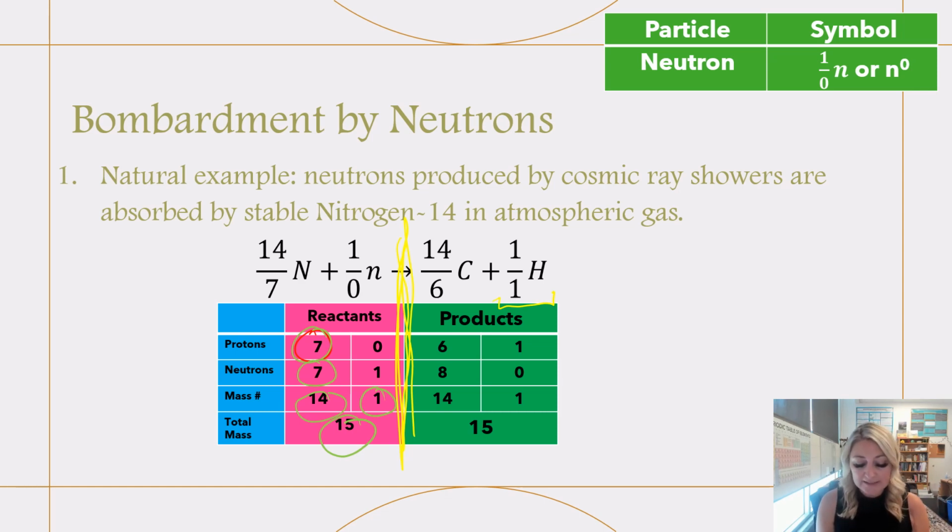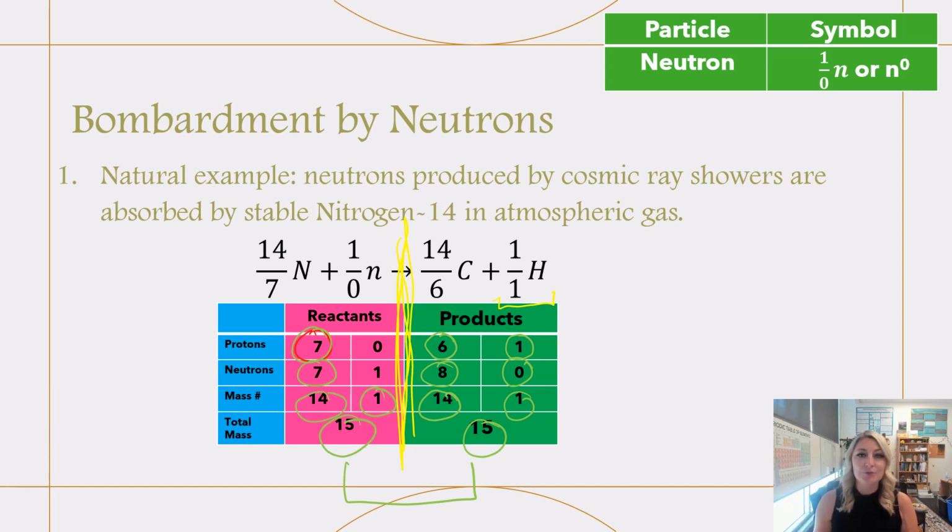Looking at our product side, carbon-14 has 6 protons. 14 minus 6 tells us we have 8 neutrons for a total mass on carbon of 14. In this particular bombardment, we're also producing a proton, or a hydrogen. Hydrogen has 1 proton, no neutrons, for an overall mass of 1. Wonderful, this adds up. We've accounted for all of the neutrons and protons in this species.